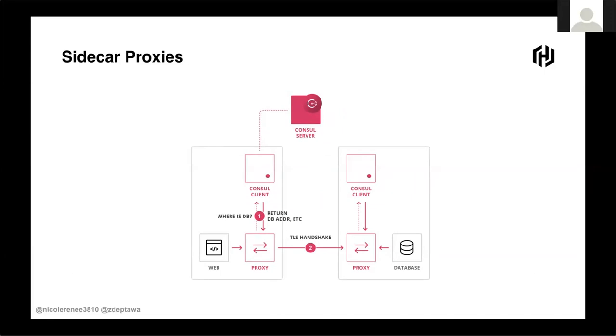From there, the proxy will initiate a TLS handshake to the proxy server for the database. Then the proxy server for the database will talk to Consul and say, hey, is the web service authorized to talk to me? I'm the database service. In this case, Consul will return, yes, the web service is allowed to talk to the database service.